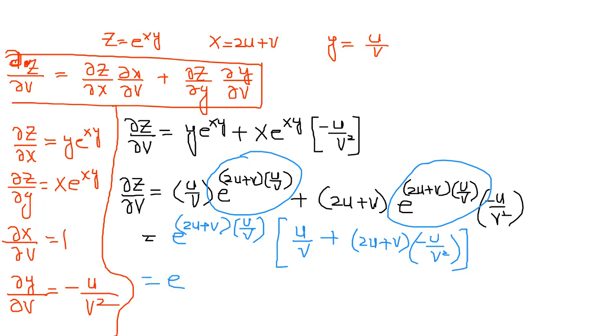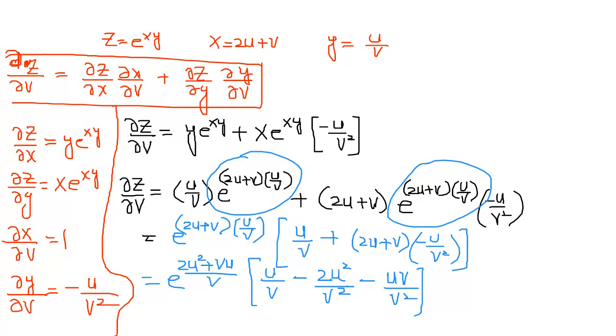What you will get is e power (2u square plus vu) divided by v, and when you simplify here, you will get (uv minus 2u square) divided by v square minus uv divided by v square.